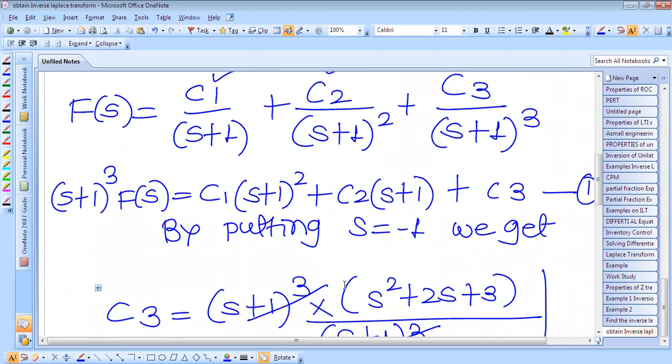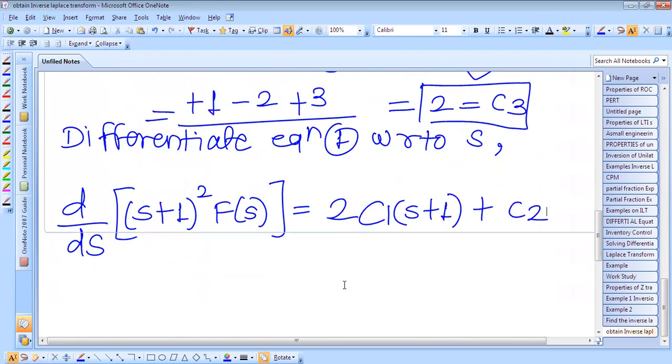So we have got this equation, and we name it equation number 2.